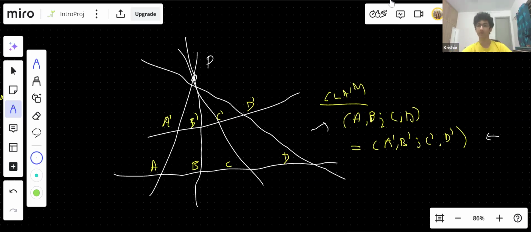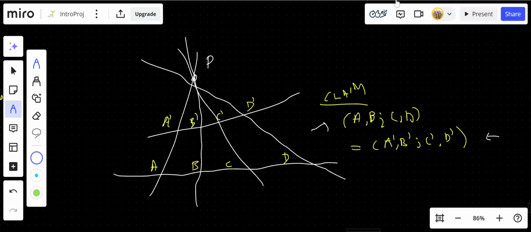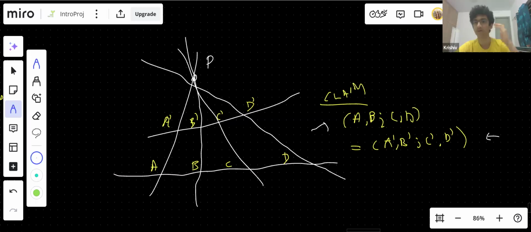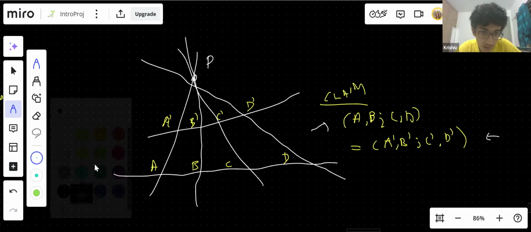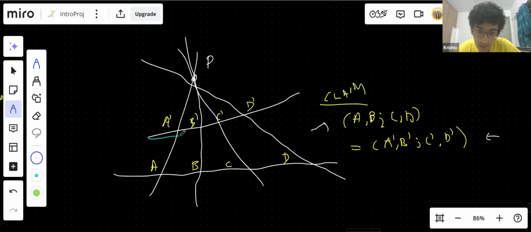And can someone tell me why this is so very important? Why is this a huge claim? We can take a perspective at P and move the cross ratios about. I haven't defined what a perspective exactly is yet. But basically, no matter what this line is, it can be any line, and the cross ratio of the intersections will always be the same.